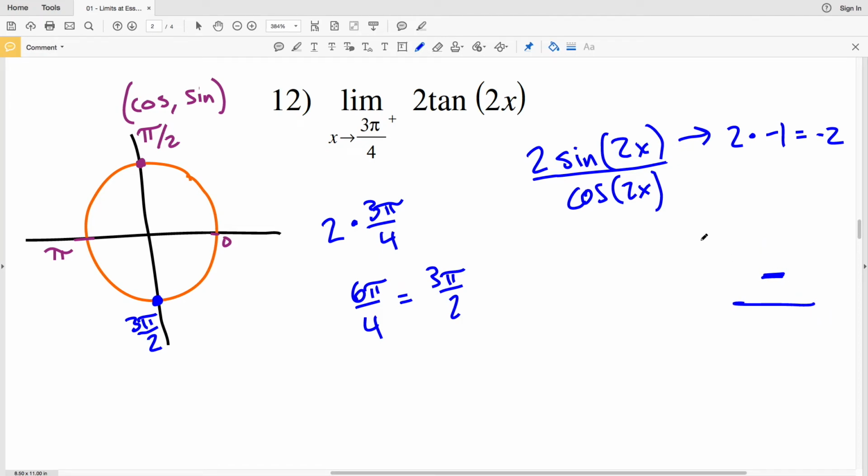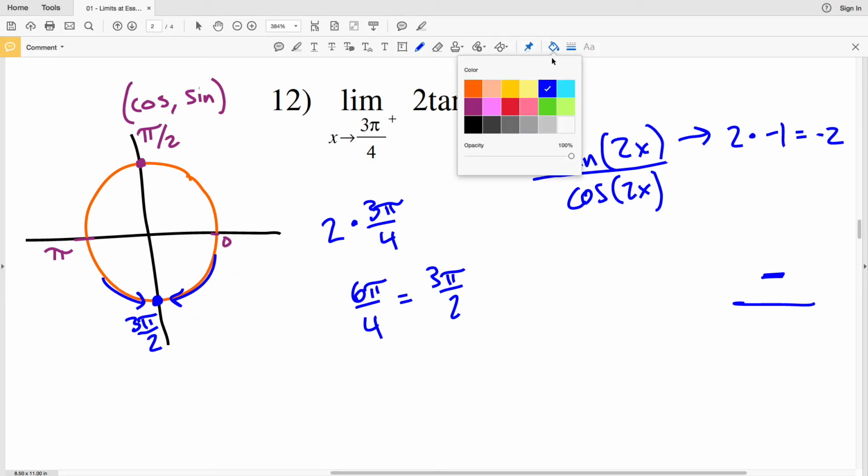Now for the denominator, as we're approaching 2x, we're getting closer and closer to 0 for the cosine. Because remember, sine is represented by y values, so that was negative 1, but cosine is represented by x values, and that's 0.